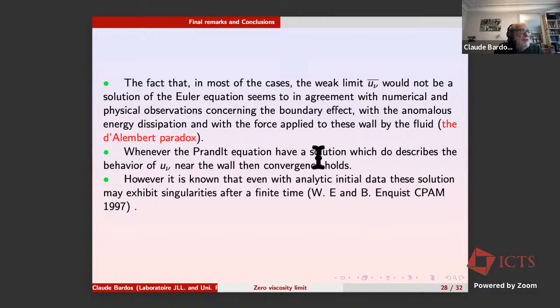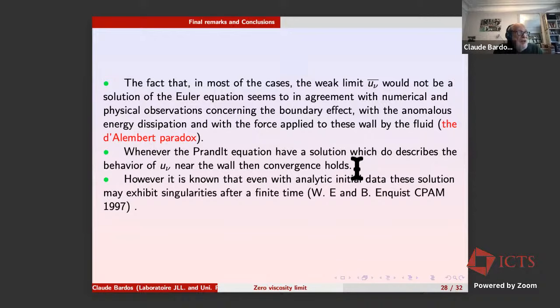You need two things. You need first that the Prandtl equation has a solution, and you need more. You need first that the Prandtl equation, if it has a nice solution, will describe the solution near the wall. Well, that's not always the case.